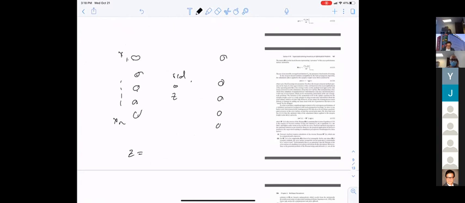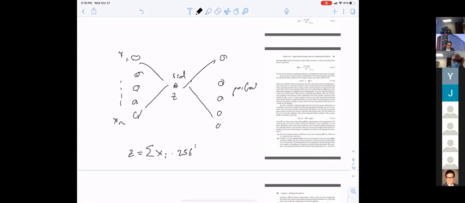I could say z is equal to the sum of xi times 256 to the ith power. If this has more bits than these, and a real number has an infinite number of bits, I can do an encoding here that completely captures these inputs, and I can decode them just by doing bit shift operations. I could get the x's out perfectly. I could do perfect decoding.